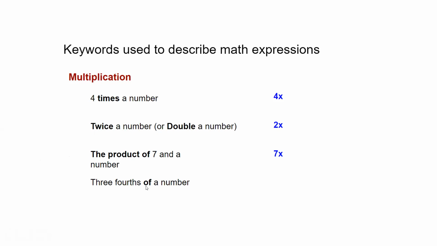Now, of is another code word that you can look for that often means multiplication. So in this case, 3/4 times a number. 3/4 x. Half a number. Half means to multiply by 1/2. 1/2 x.